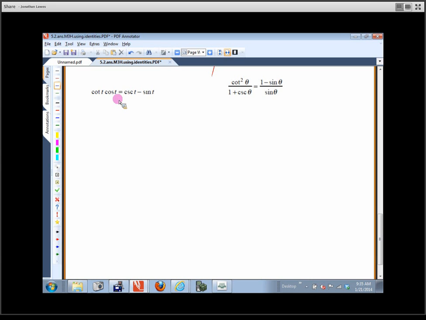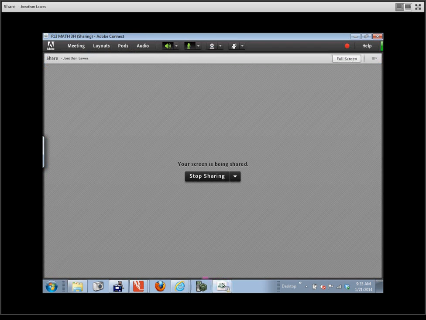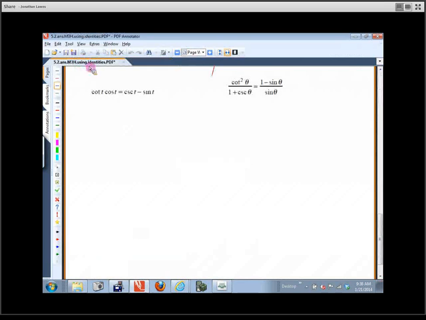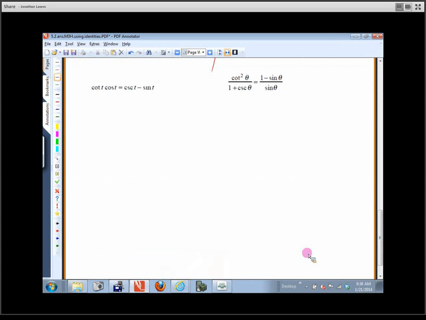You want to make one side look like the other side. Let me stop you right there.